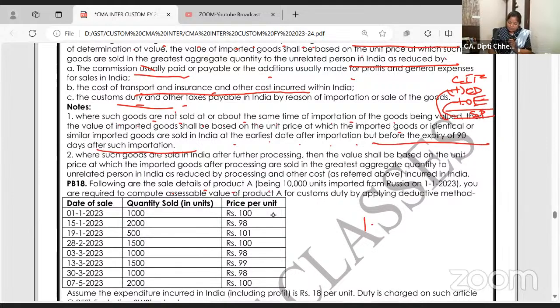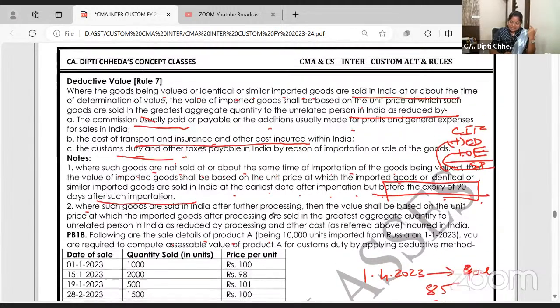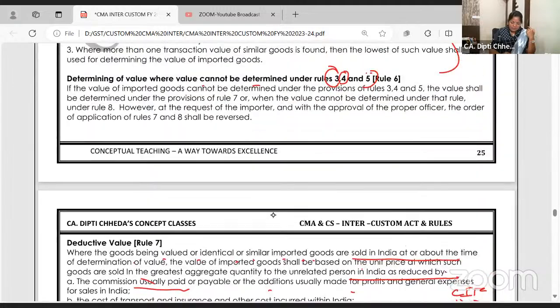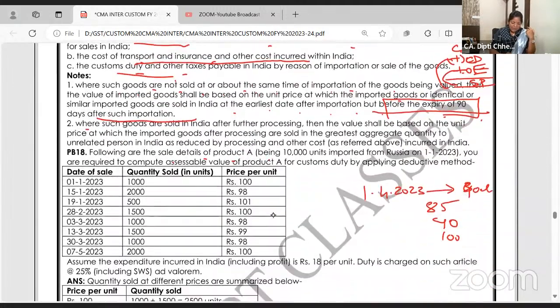Say I imported on 1st April 2023. From here 90 days, I may have sold at 85 rupees, 90, 100. At whichever rate the maximum quantity was sold, take that. Very important point for MCQ. I want to repeat: from the day you have imported the goods and before the expiry of 90 days after such importation, what is the rate at which the highest sales are done? That you have to take.